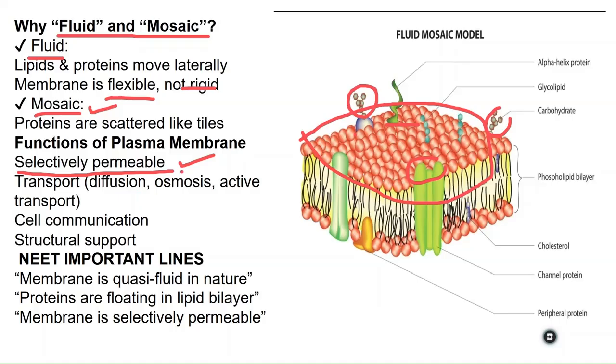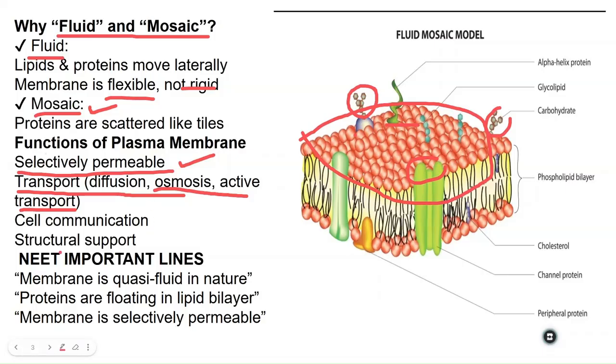So it is related to solutes mostly, whereas semi-permeable means it is related to the solvent, water. Now next, the other function, as you know, it helps in transportation, diffusion of gases like oxygen and carbon dioxide, osmosis, the movement of water inside, and active transport. We will be learning about this in our later videos.